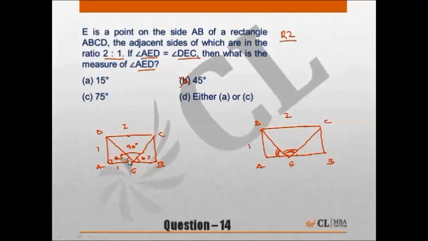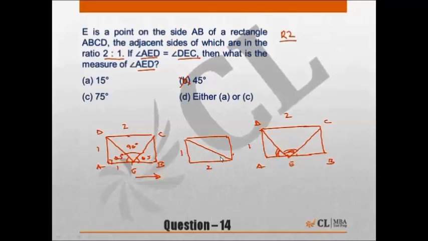Secondly, if I shift E towards B, what is my extreme case scenario? The value of angle AED will keep on reducing. If E keeps shifting towards B, the value of this angle will reduce. What is the worst possible case? This one.